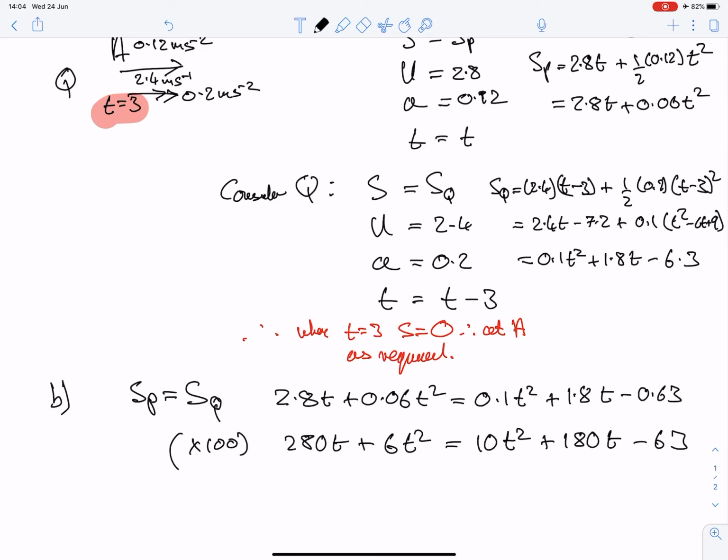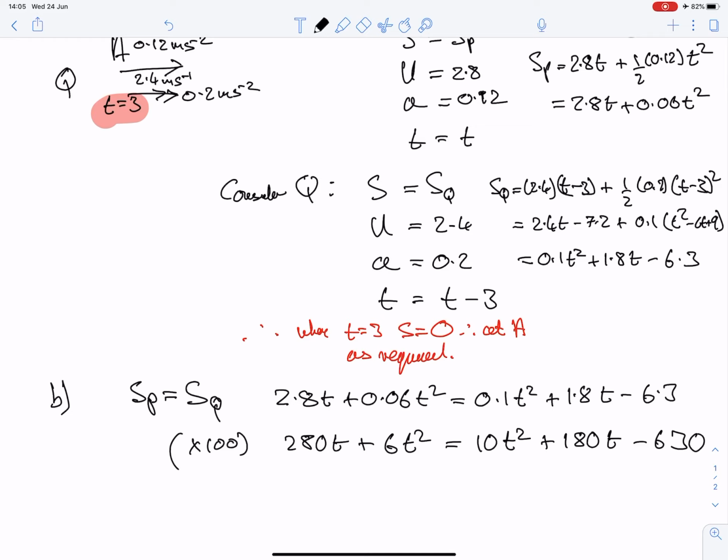So again down here, that's wrong. So that's going to be minus 6.3 still. So when we multiply by 100, that's 630.